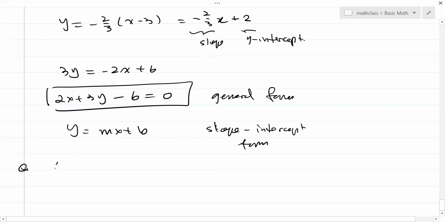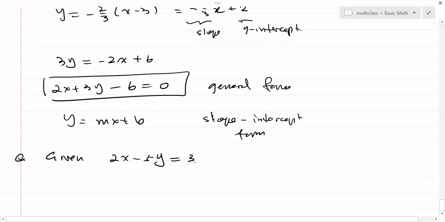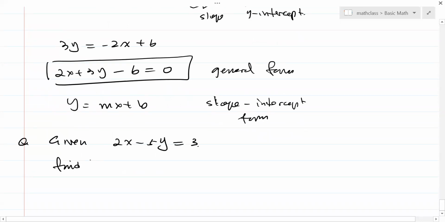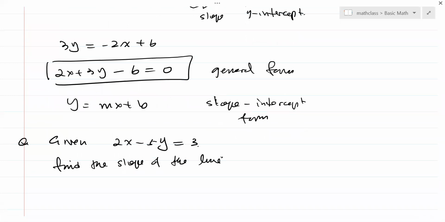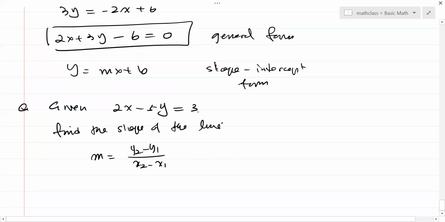For example, given 2x minus 5y equals 3, find the slope of the line. Since the graph is a line, do you need to sketch the graph or find 2 points? You don't need it. The slope is defined by the original definition, but you don't need to use that. Otherwise, you have to find 2 points and do the calculation. All you have to do is express it in the slope-intercept form.